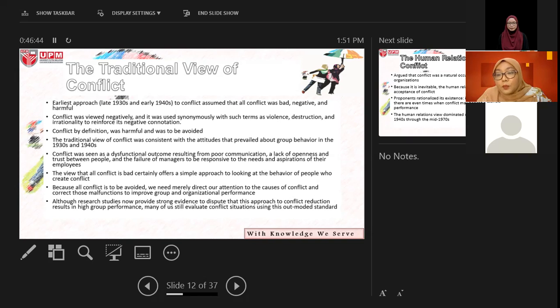So during the 1930s and 1940s, most of the country administration is based on monarchy. Maksudnya you have to be loyal to your king, queen, prime minister and so on. Exactly what is currently happening in India.